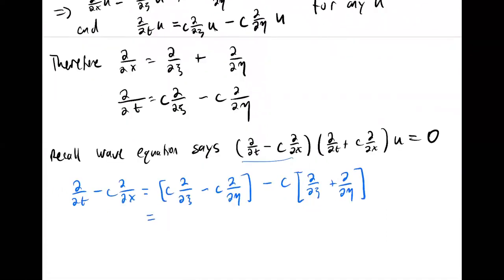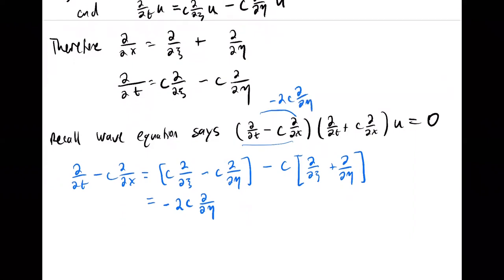This is going to simplify. I have two terms which cancel, which are c times d d xi and negative c times d d xi. And then I also have two terms which combine. So if you do the algebra here, you have minus 2c d d eta. So this first term only depends on eta, and is equal to minus 2c d d eta.